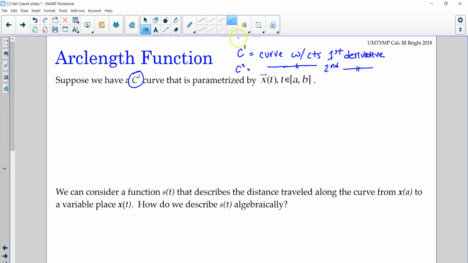C0, well, that's just a curve. And then you can keep enumerating the exponent on C, and if it's a C infinity curve, that just means all derivatives are continuous.